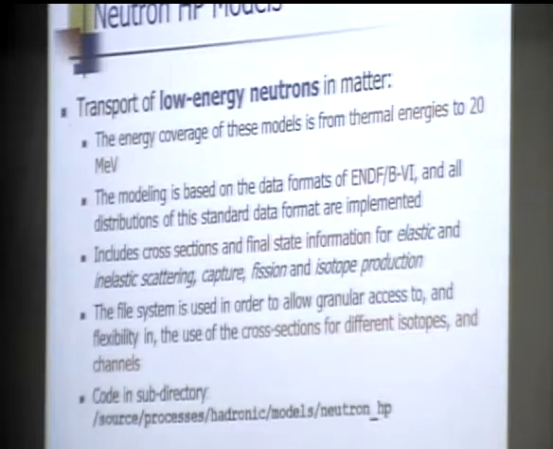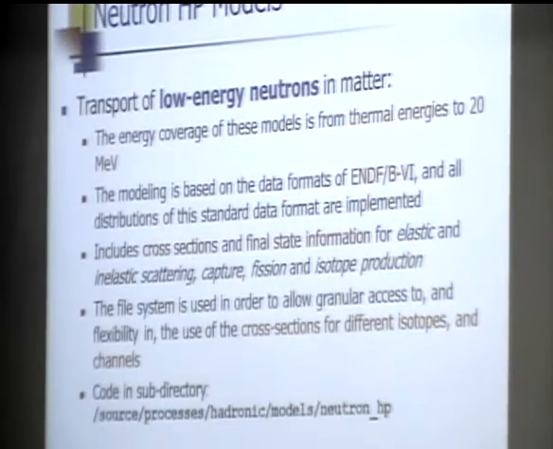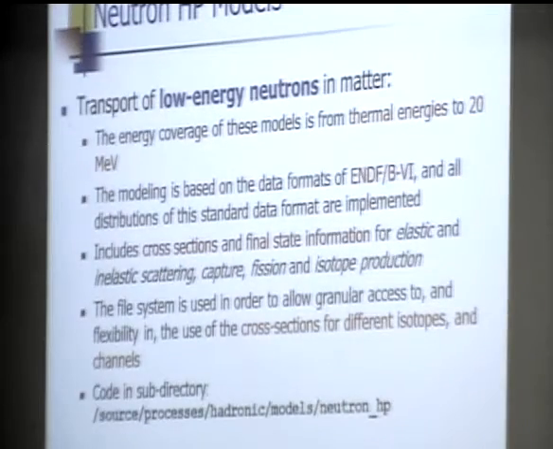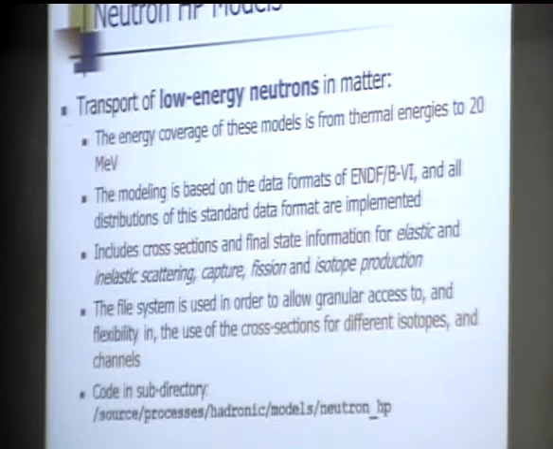What I would like to mention explicitly is that in Geant4 there is a set of models called HP, which is tailored to track low energy neutrons, which is very effective but very slow because the cross sections are read from a database.